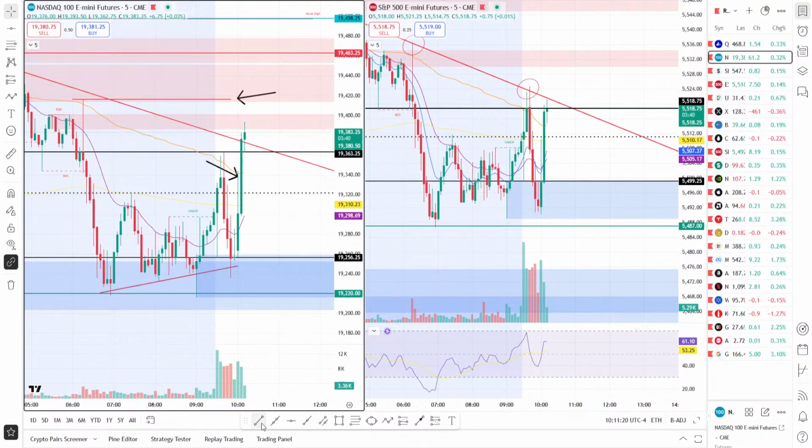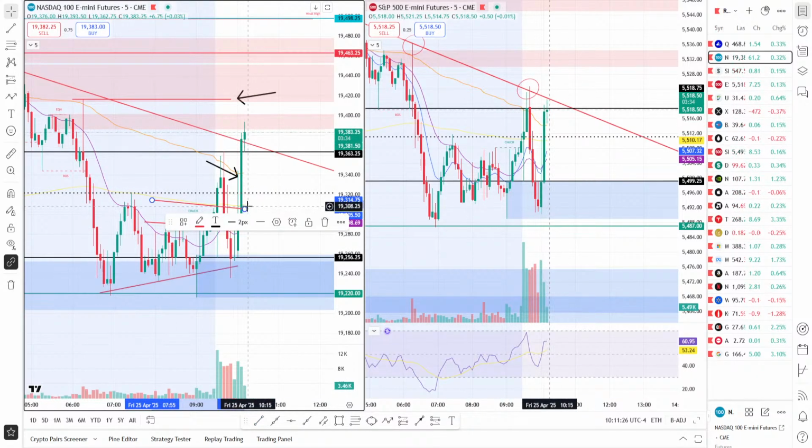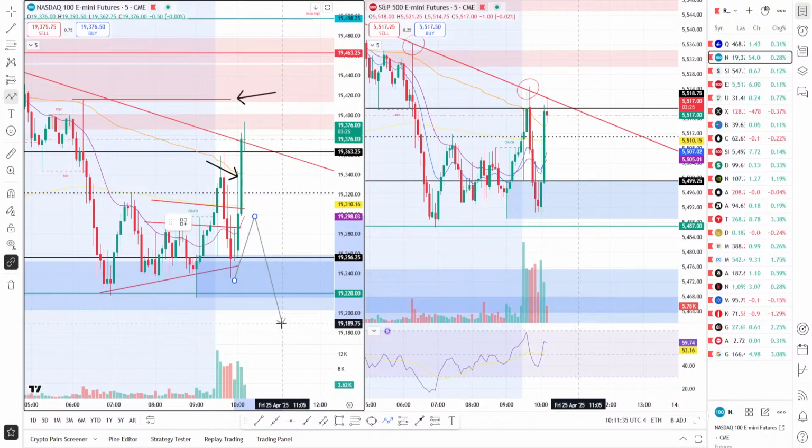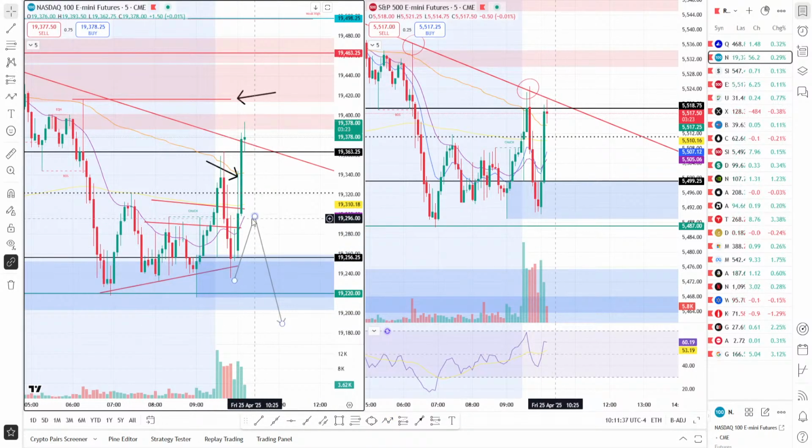So these two lines here, the EMAs, right? If we were going to go down, we would have seen a pullback here, and then we would have seen price change direction from here.